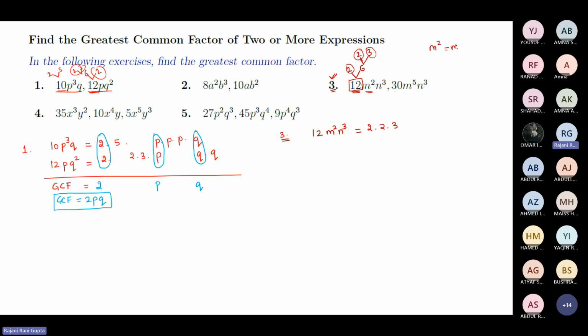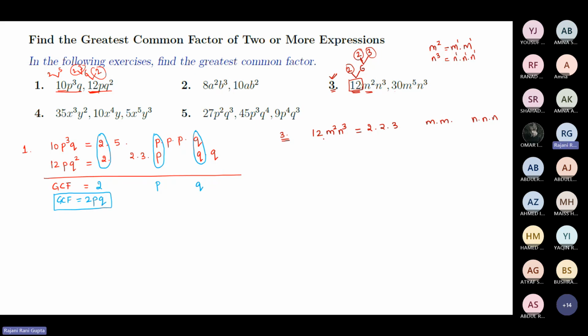It means m multiply m, because then only you can write 1 plus 1, 2. Similarly, n power 3 means n multiplied 3 times, because then only you can write 1 plus 1 plus 1, that is 3. So for m power 2, you write 2 times m. For n power 3, you write 3 times n.